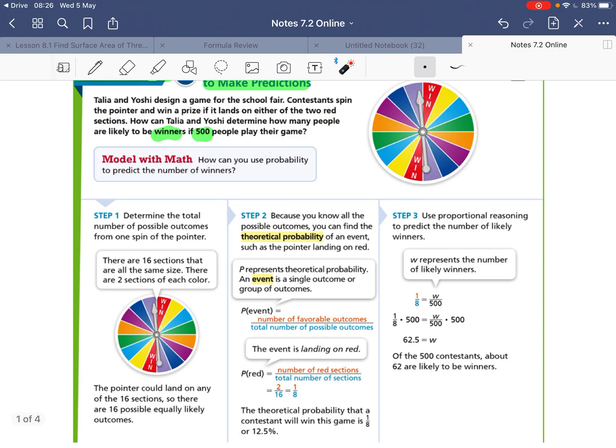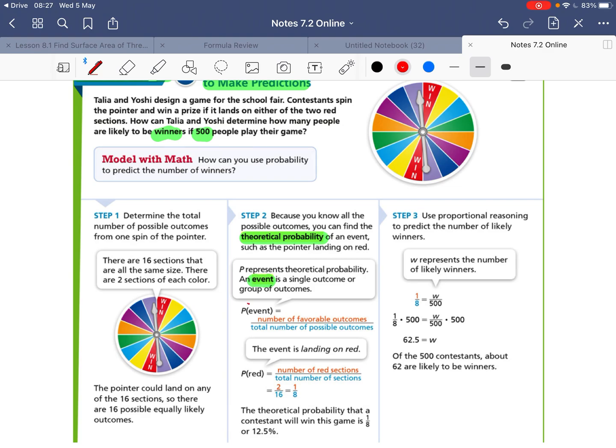So we can then use theoretical probability, and you should write down this definition. Theoretical probability. So because you know all the possible outcomes, you can find the theoretical probability of an event, such as a spinner landing on red. So P represents theoretical probability of an event in a single outcome.